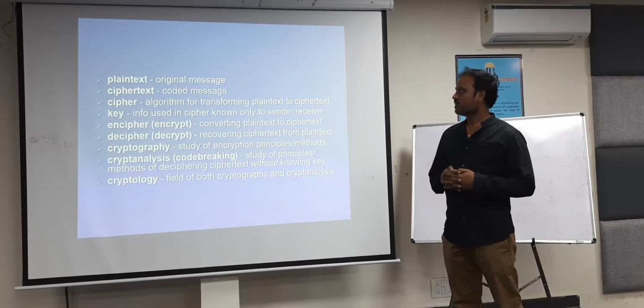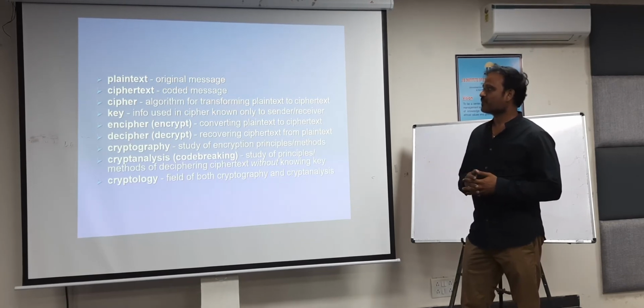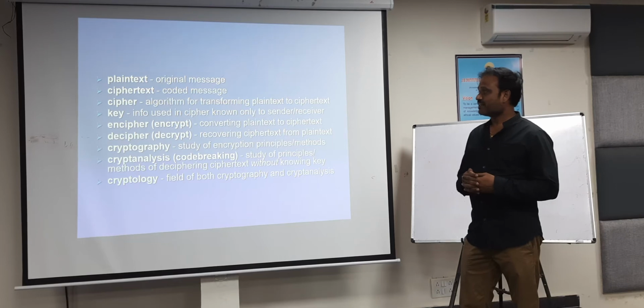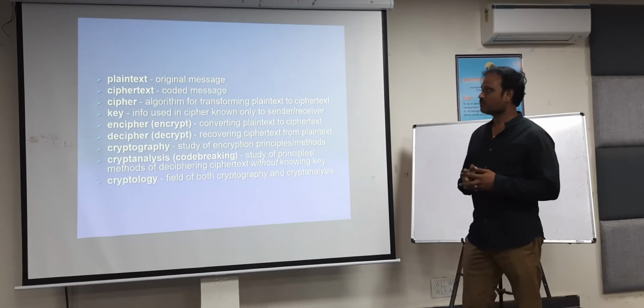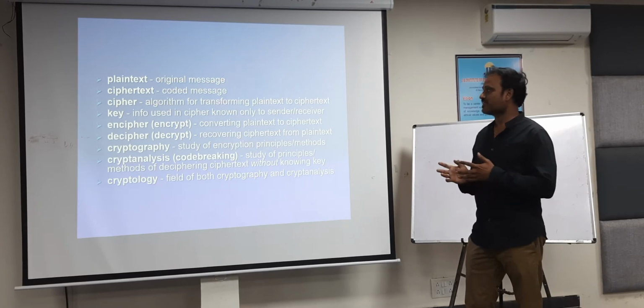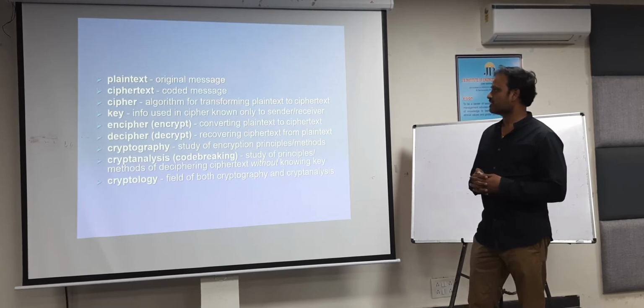We use an algorithm and a secret key, and we encrypt the message. Plain text is converted into cipher text by using the encryption function, that we can say is encrypt, converting plain text into cipher text.